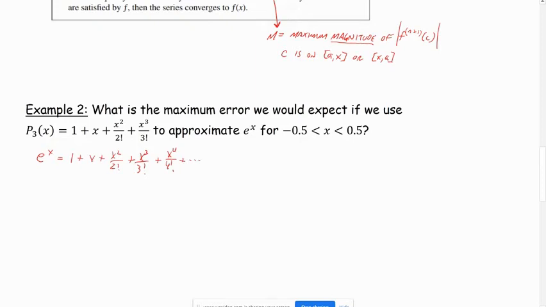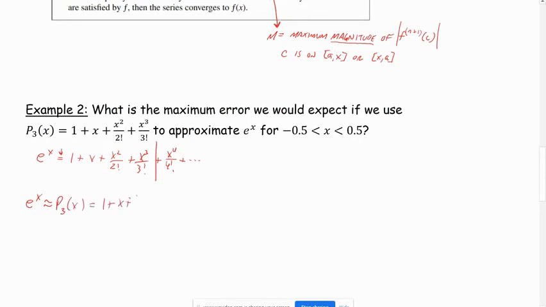So that we get equality when we let it go forever. But if we chop it off after the third degree term, we're truncating it.